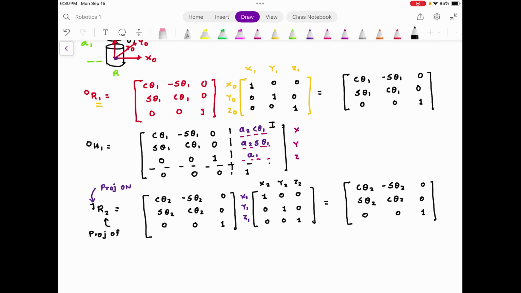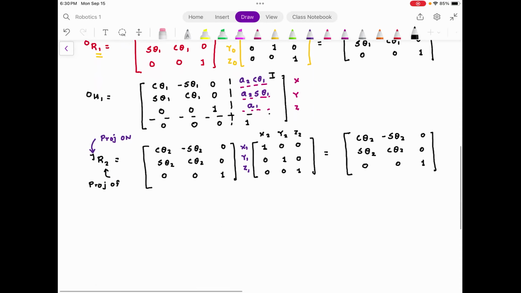Now comes the homogeneous transformation. Homogeneous transformation is going to be 1H2, because I want to represent the angular and translational relationship between frame 2 and frame 1.